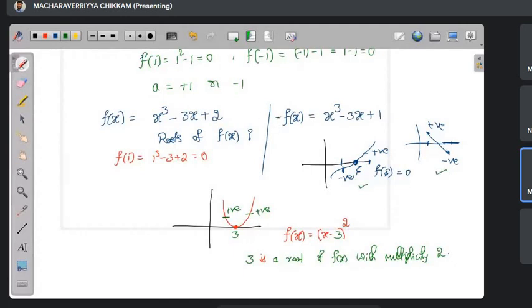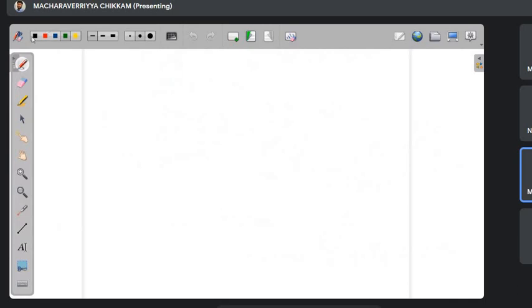The moment you know the function is continuous and you search for an interval a comma b where f of a into f of b is negative, because the product of two expressions is negative whenever they have opposite signs. For example, if you multiply -1 and 2, then you will get -2. If you multiply a positive quantity and a positive quantity, then you will get a positive quantity only.